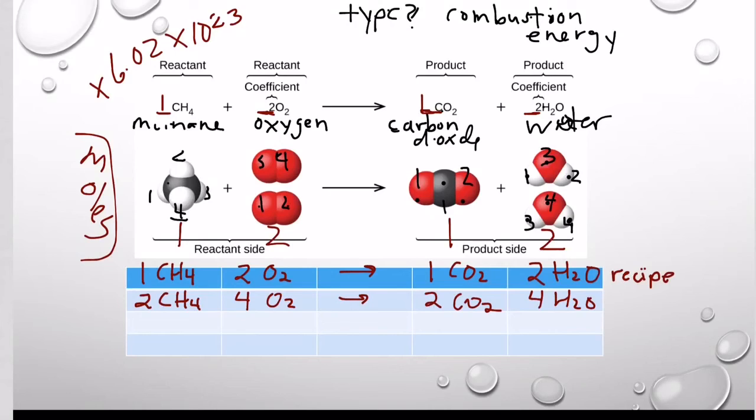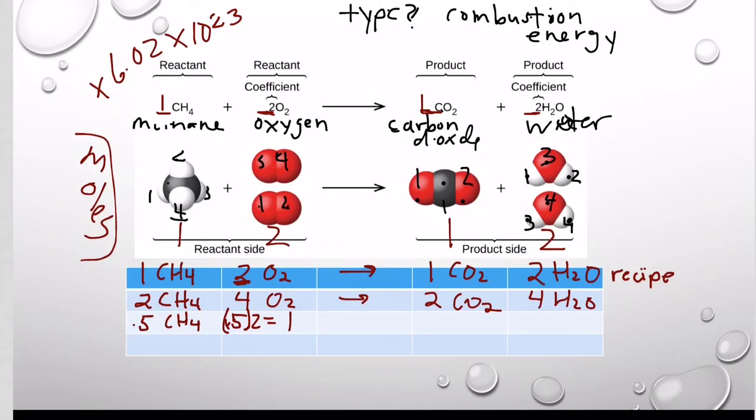All right, great. Let's say we don't have 1 mole of methane. Let's say we only have half a mole of methane, or 0.5 moles. Well, then we multiply everything by 0.5. We originally needed 2 moles of oxygen, but 0.5 times 2 is 1.